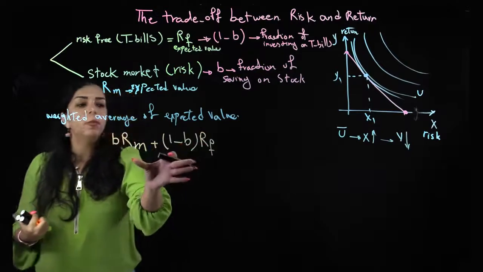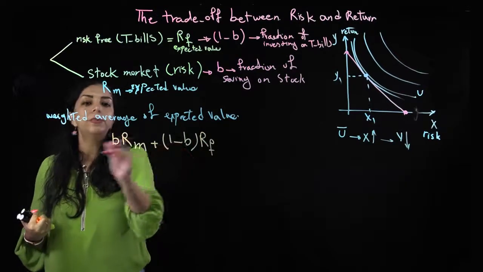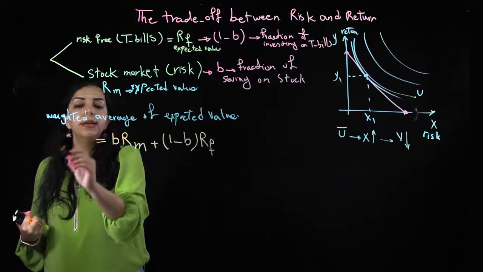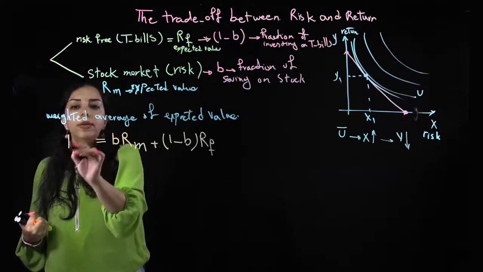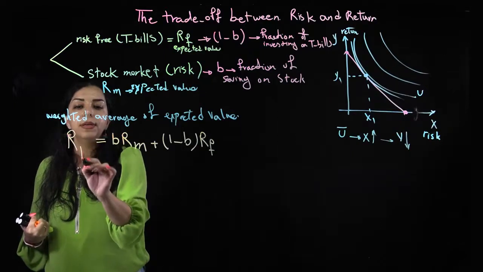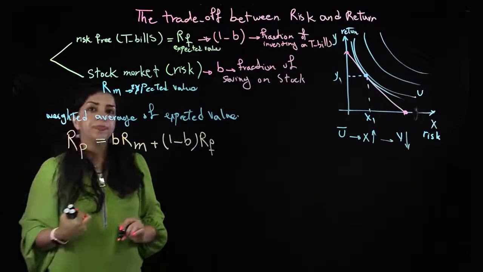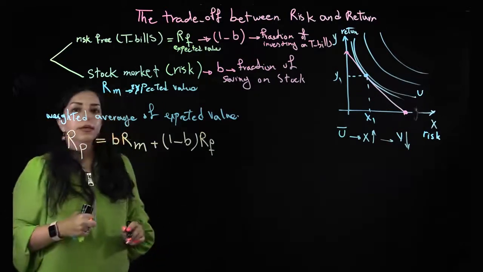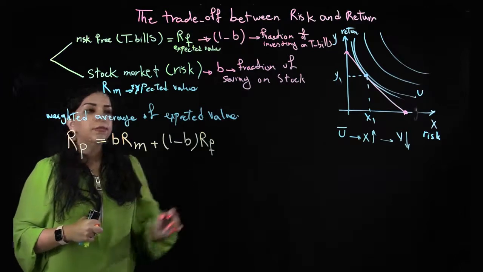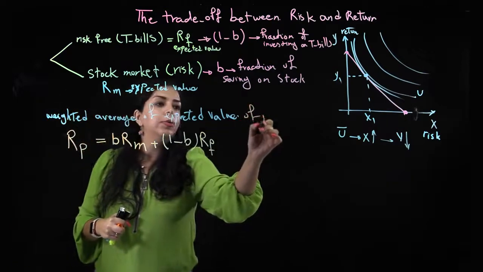Once we have the combination of two different types of assets, it means that we have a portfolio. So in another way, we are calculating the return on our portfolio. So this is the weighted average of the expected value of the portfolio.